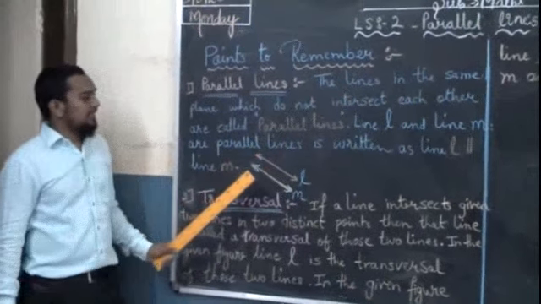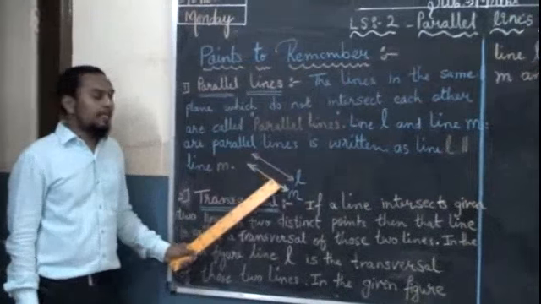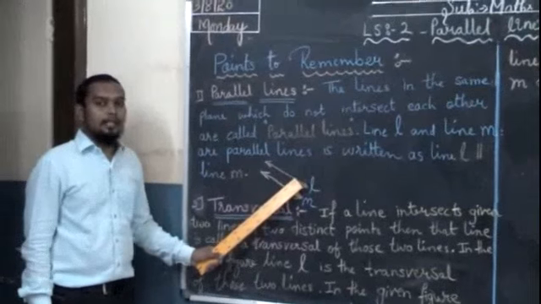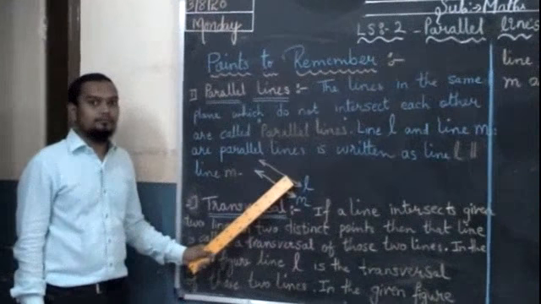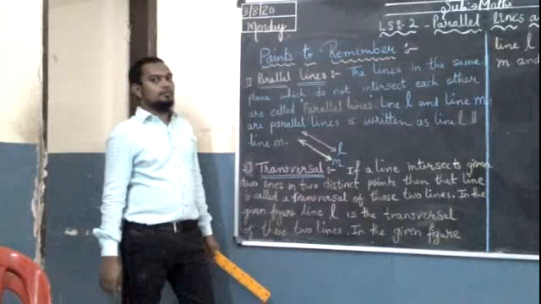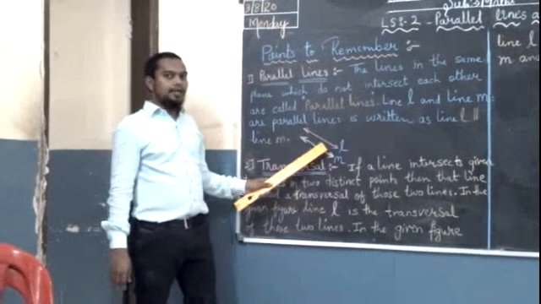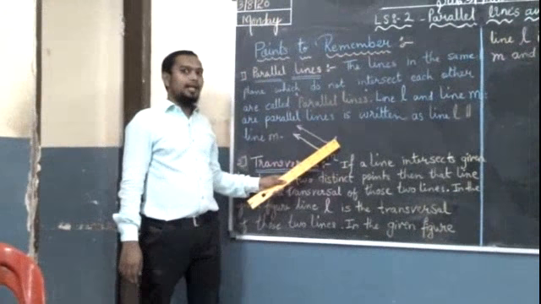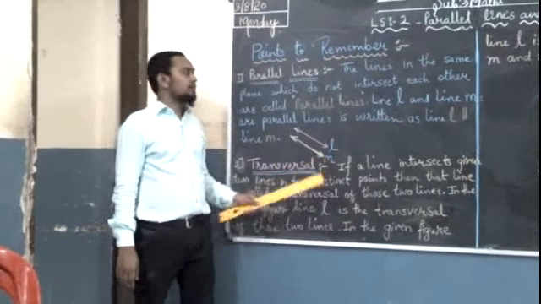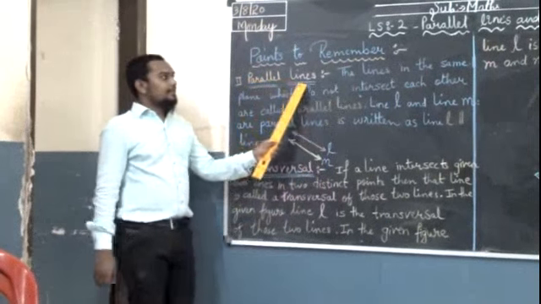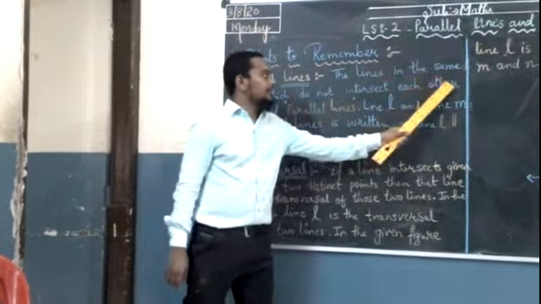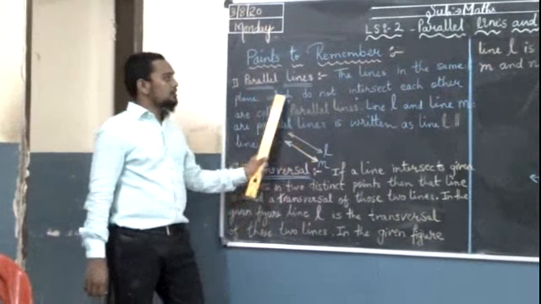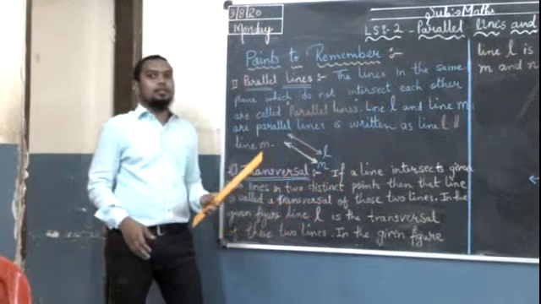Suppose we are taking two lines in the same plane, on the same surface. First one is line L and another one is line M. Parallel lines are lines in the same plane which do not intersect each other.